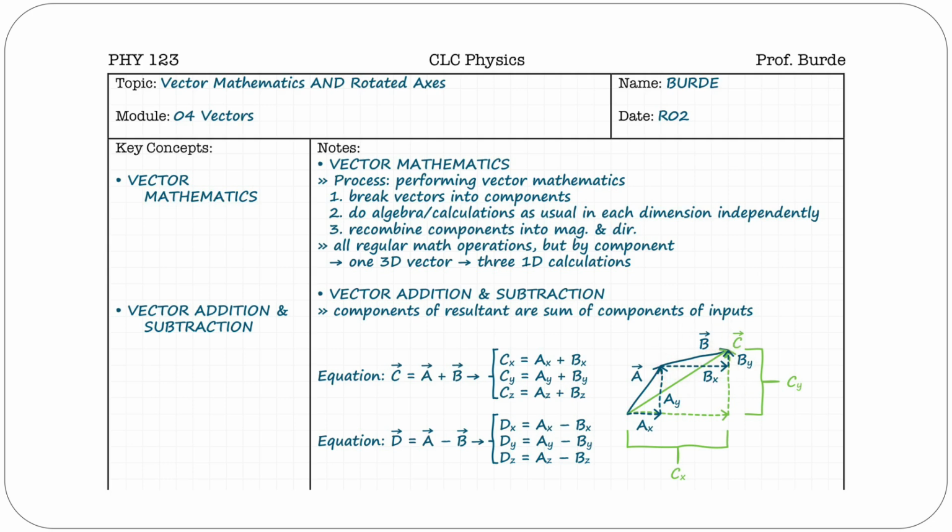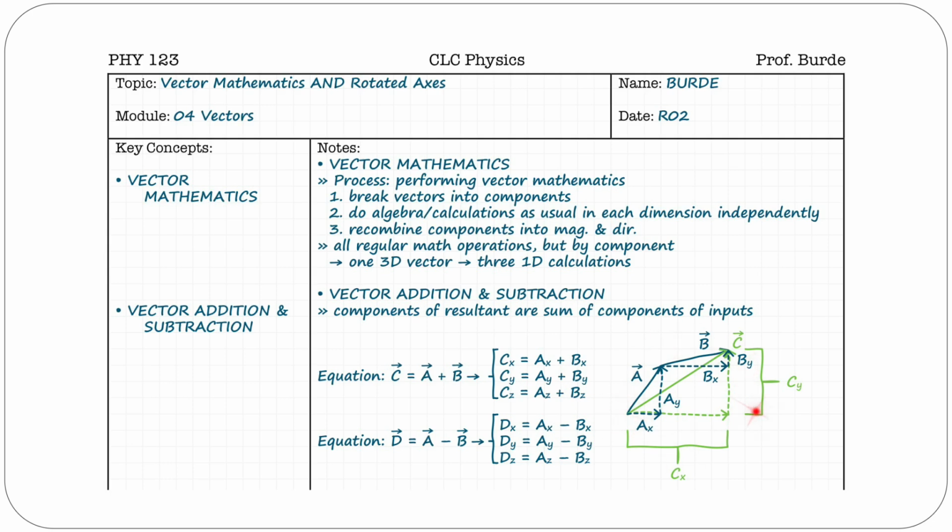And so we see here that if you take the x component of a plus the x component of b, together that gives us the x component of c. If we look at the y component of a plus the y component of b, that gives us the y component of c. So when we had to use the tip-to-tail method to add them as vectors, we can simply add them numerically as components when we have the x and the y components separated.